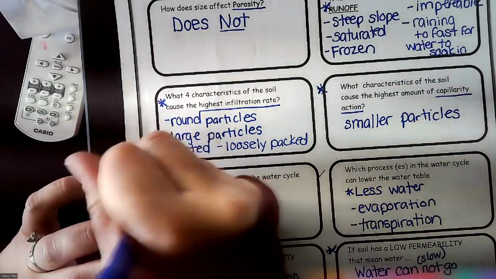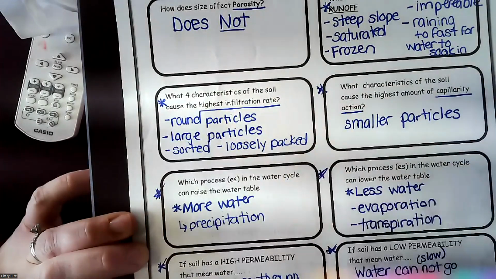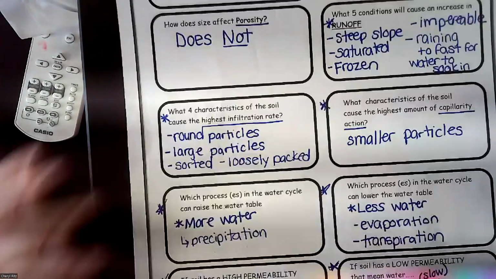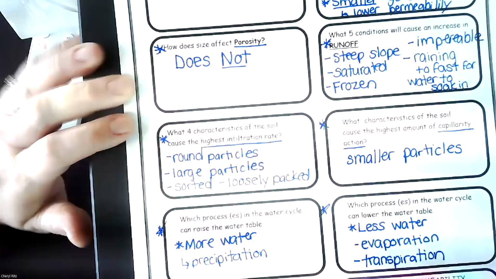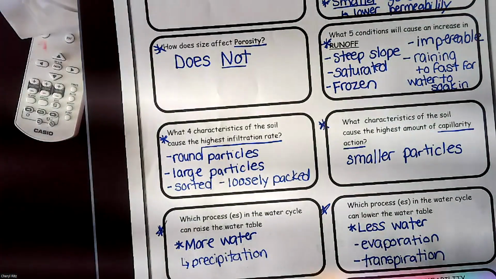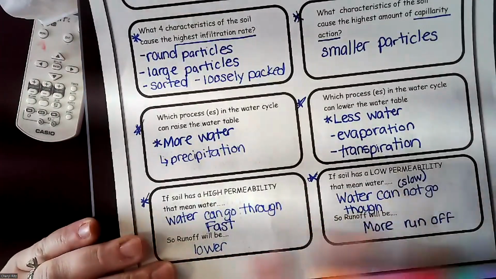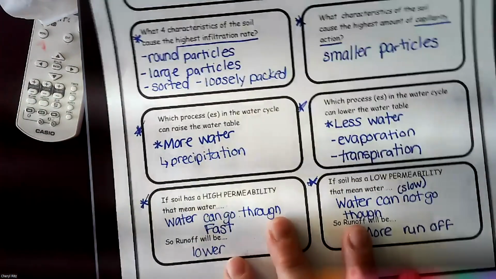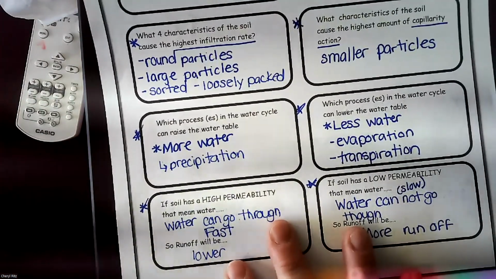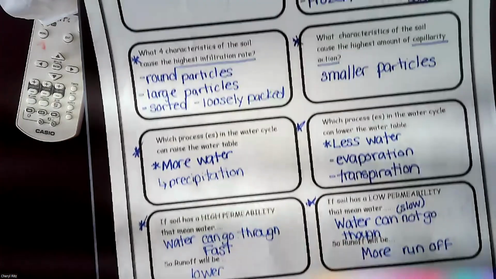And yes, you need to know about raising and or lowering the water table. Oh, yeah. And you definitely need to know all of the ones we just did. Yes, you need to know all of the boxes we just did. Some of the boxes are the same, like these two last boxes, we covered in other boxes. You just need to make sure you understand those concepts.